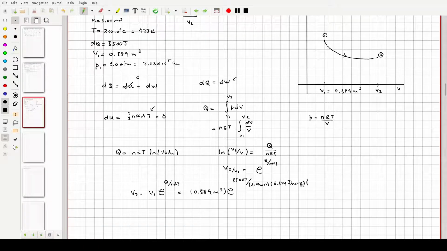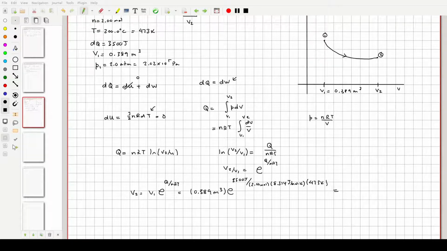And then in the bottom again, you have a T, and your temperature is 473 Kelvin. So you plug this into your calculator. It's pretty ugly, I know, but it's what it is.